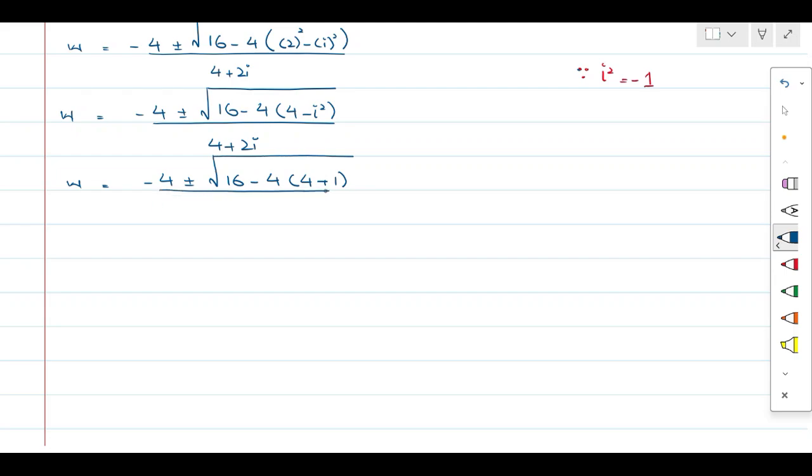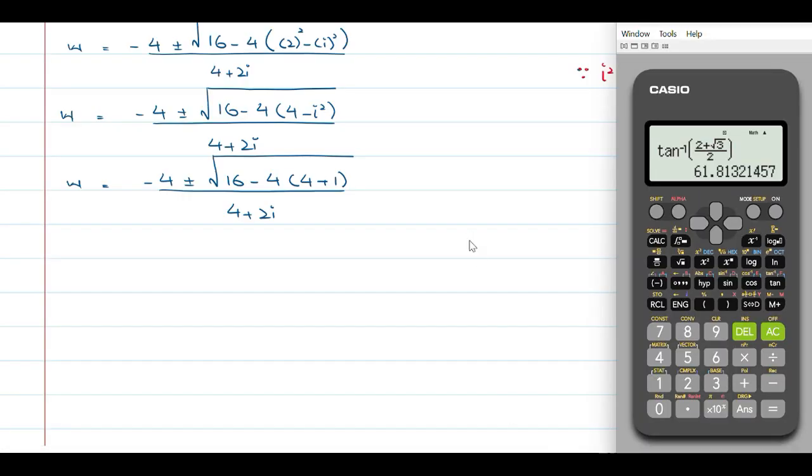And divided by 4 plus 2 iota. Okay, so let me simplify the term under the square root sign, which is square root of 16 minus 4 bracket 4 plus 1, which is 5.